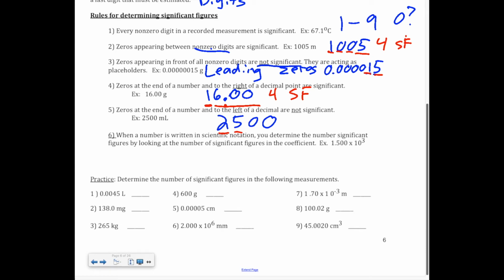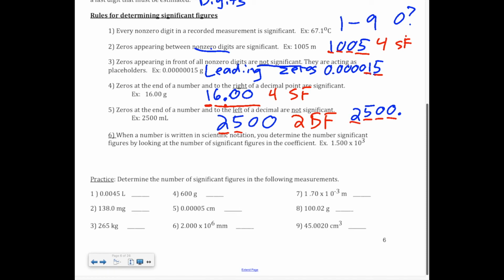So there are two sig figs here. Okay, that is how that works. So now, if you were to place 2500 and a decimal point at the end, even with no zeros behind it, all of a sudden, kaboom, everything becomes significant.